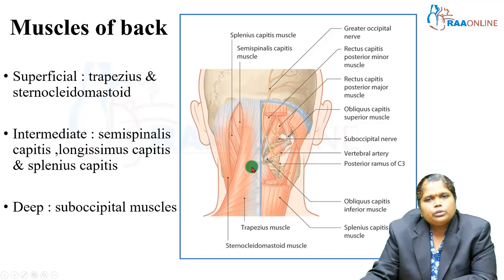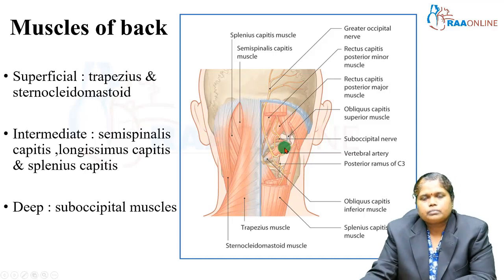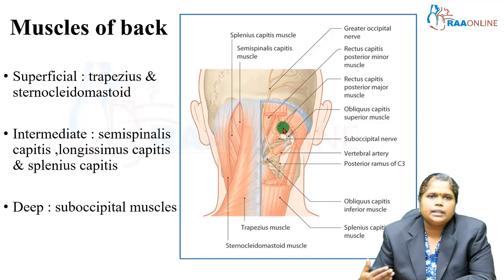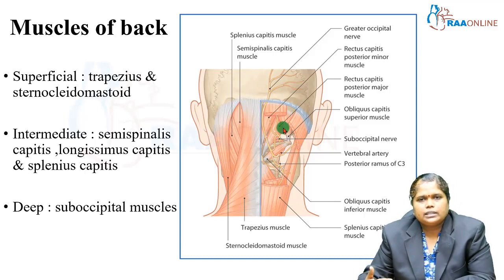Before going to the suboccipital triangle, you have to know where the triangle is situated. You can imagine the depth of the suboccipital triangle. Before reaching it, we have to remove two layers of muscle: the superficial muscles, trapezius and sternocleidomastoid, then the next layer, which includes splenius capitis, semispinalis capitis and longissimus capitis.